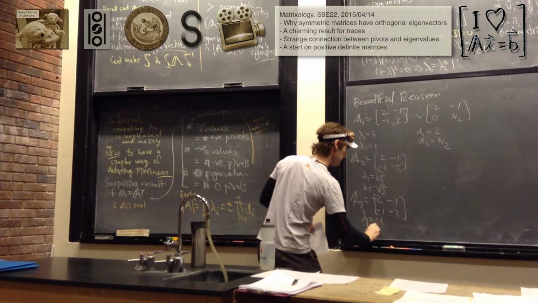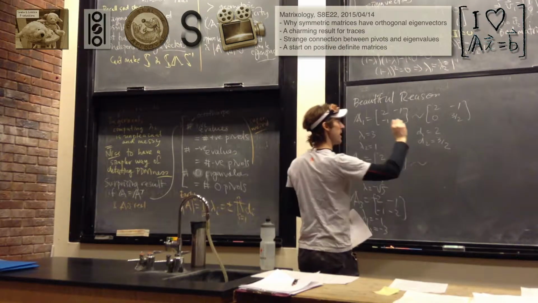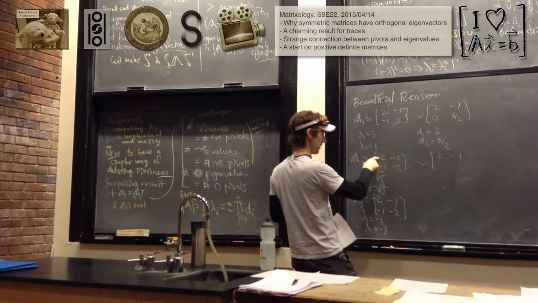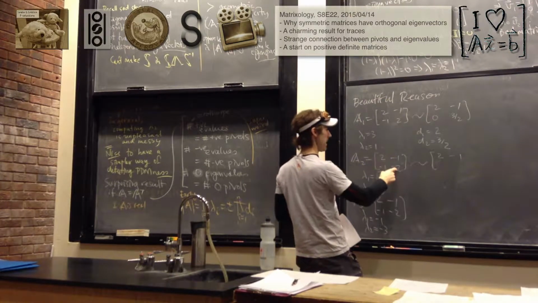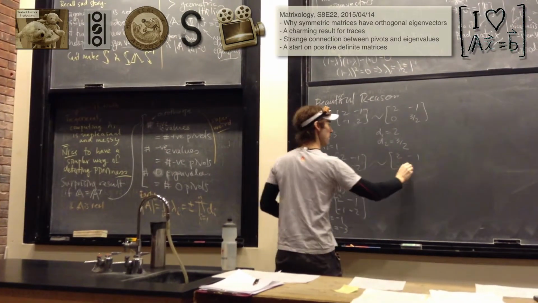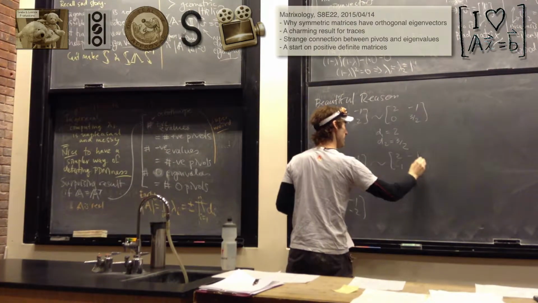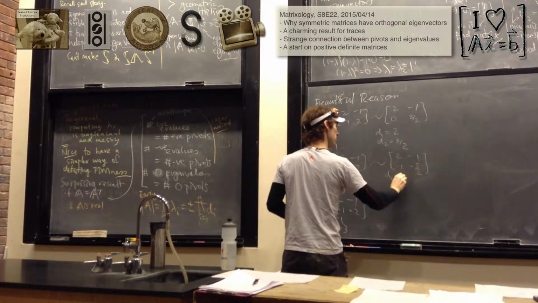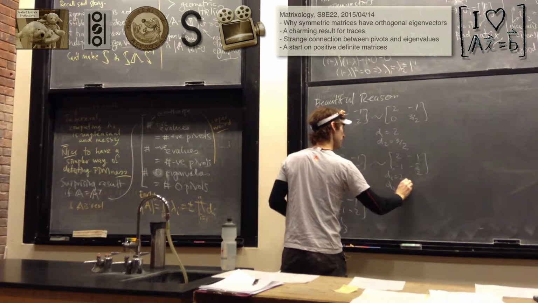Lambda 2 equals minus 3. Row reduction would give us 2 minus 1. Now we're going to add a half of that again, so it's minus 5 halves. Minus 5 halves. D1 equals 2. D2 equals minus 5 halves.